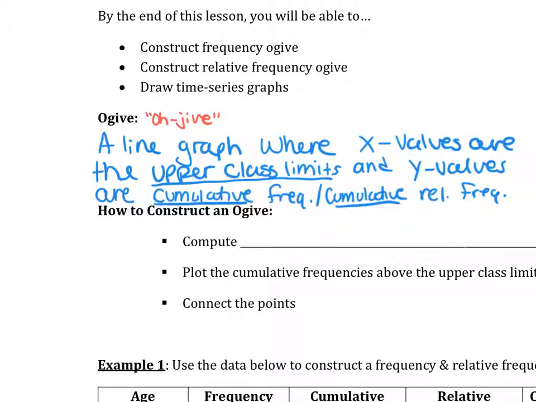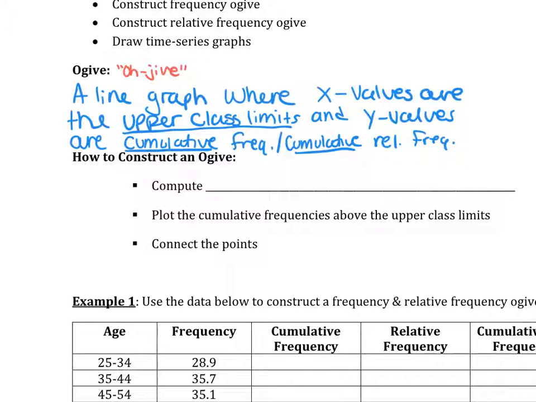So it just depends on if we're asking for a frequency ogive, you would use the cumulative frequency. If we're asking for a relative frequency ogive, you'd use the cumulative relative frequency. Ogive, not ogive.